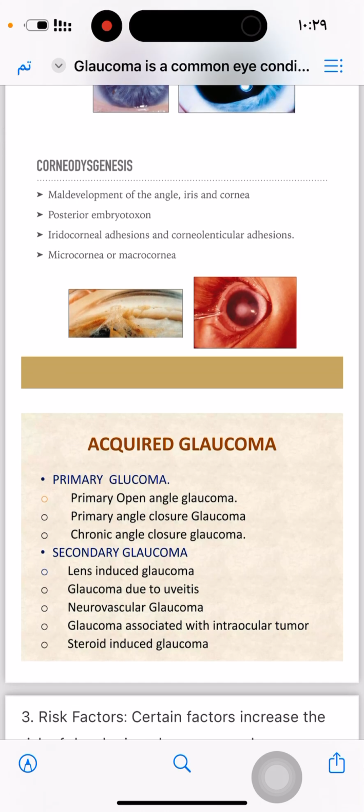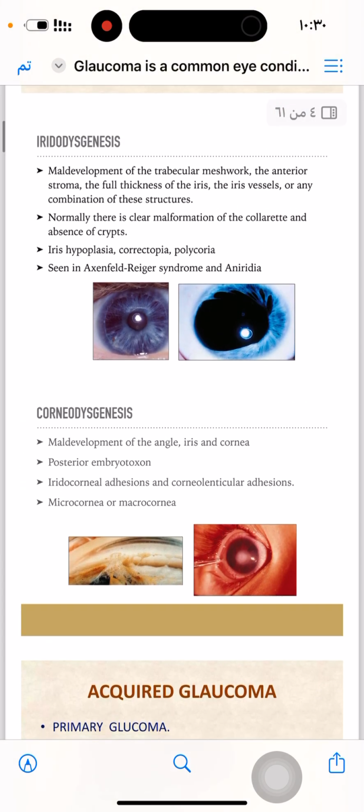Corneodysgenesis, another term, means malformation of the angle, iris, and cornea, such as posterior embryotoxon. So then we have these two terms. Iridodysgenesis means trabecular meshwork abnormalities.